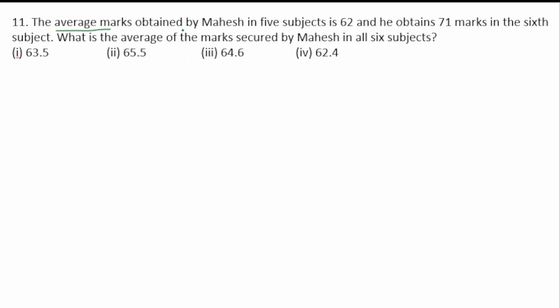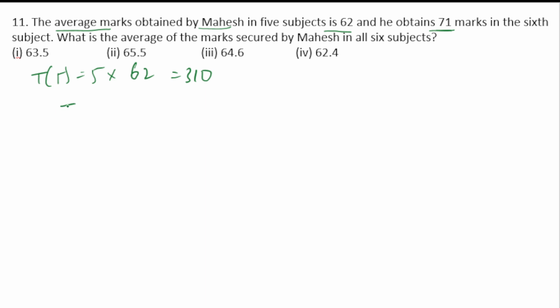Next one, the average marks obtained by Mahesh in 5 subjects is 62, and he obtained 71 marks in the 6th subject. What is the average of the marks secured by Mahesh in all the 6 subjects? So what is the total marks obtained in 5 subjects? It is the number of subjects 5 into the average, 5 into 62. This is 310. So the total of 5 subjects is 310, and he obtained 71 marks.